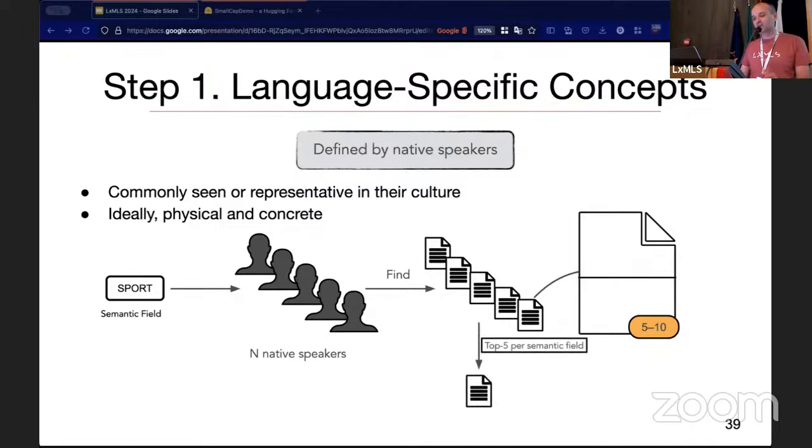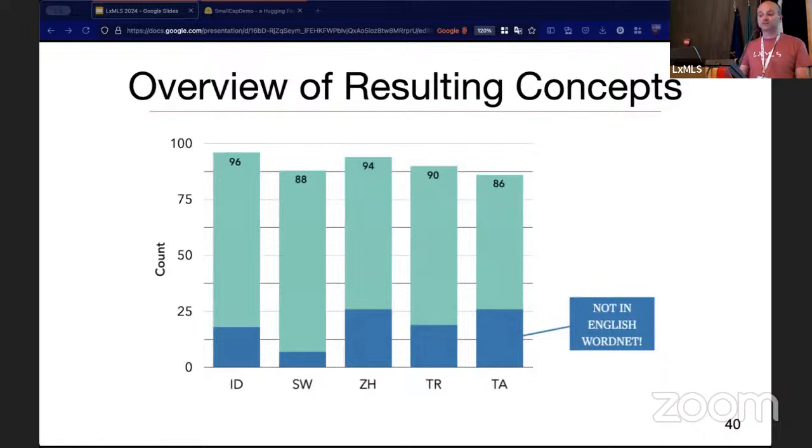And from this, we extract the top 5 per semantic field. And this gives us approximately 90 concepts per language. And if we take a look at the overview of them, for each of the languages, there's between 10 to 25% of concepts that have no relation into the English WordNet, which means that their representation is unlikely to have been learned at all.